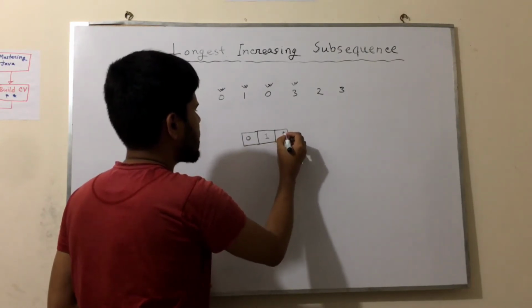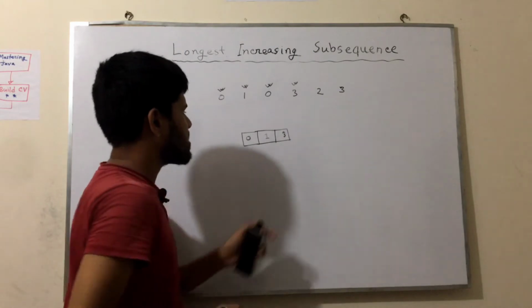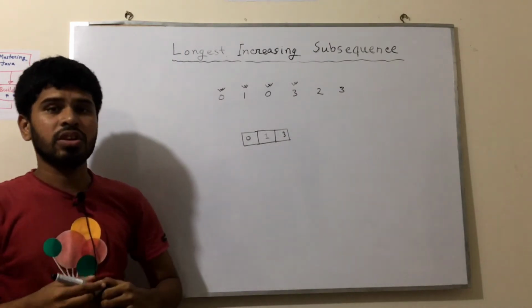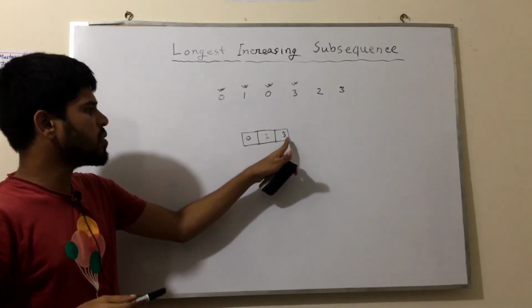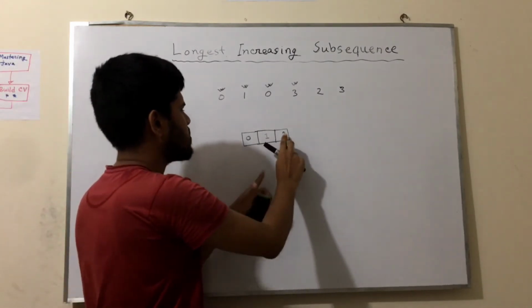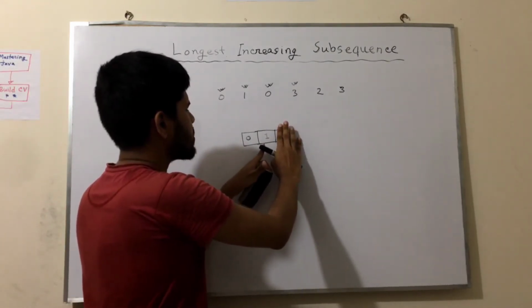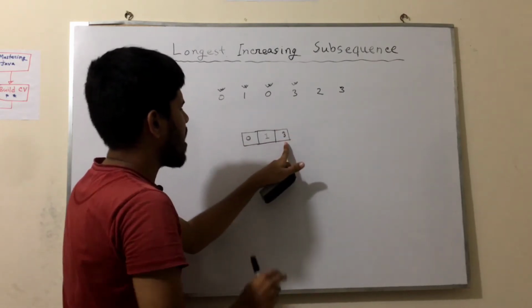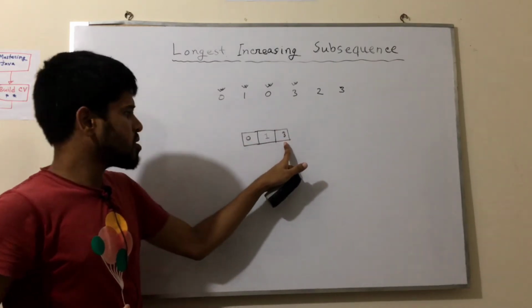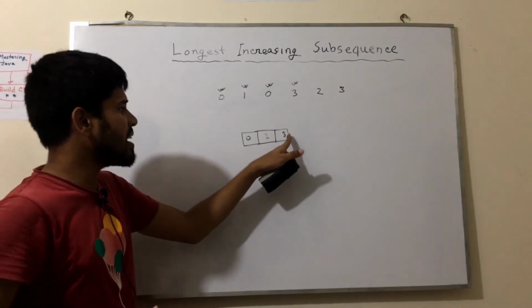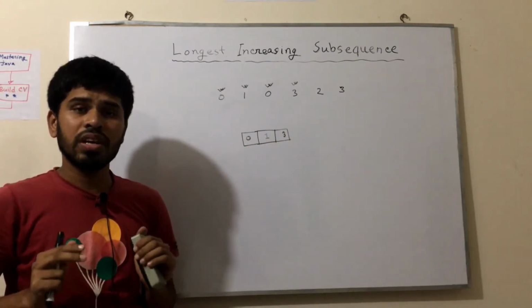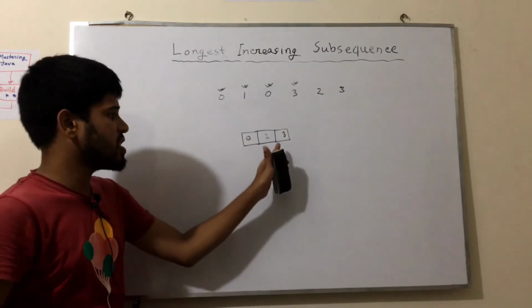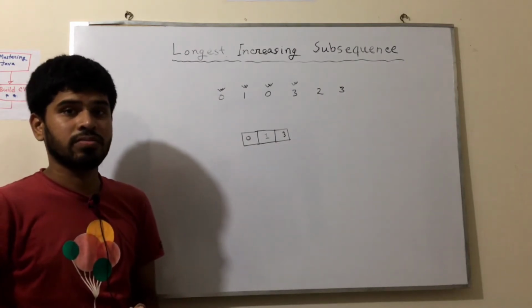Once we find the current element is greater than the last element, we will insert that element. It means we have at least 2 elements on the left of 3 which are less than 3, and those elements maintain the relative order of the subsequence.